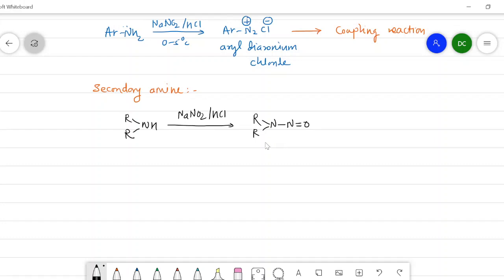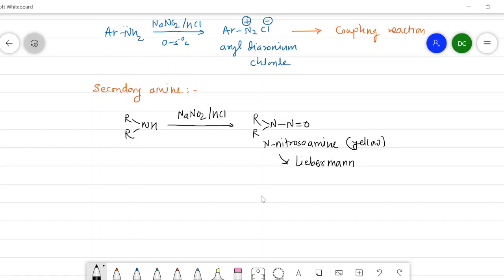It is called an N-nitrosoamine, and it is generally a yellow oil. So the secondary amine, whether aromatic or aliphatic, always gives N-nitrosoamine as a yellow oil when treated with nitrous acid.